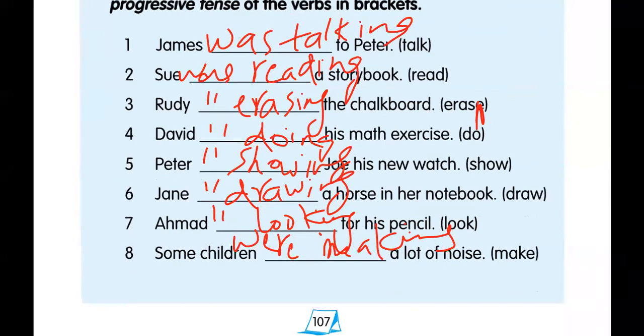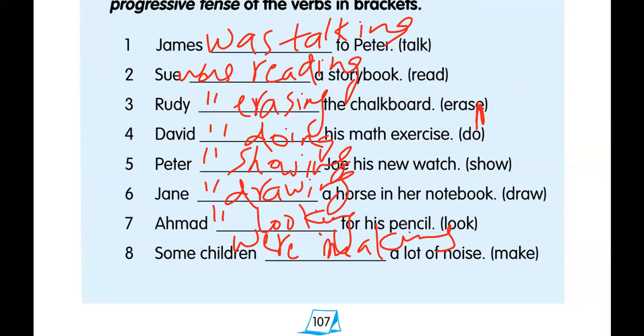James was talking to Peter. Peter was reading a storybook. Rudy was erasing the chalkboard. David was doing his math exercise. Peter was showing Joe his new watch. Can you pause here? Fourth sentence, please repeat once again.